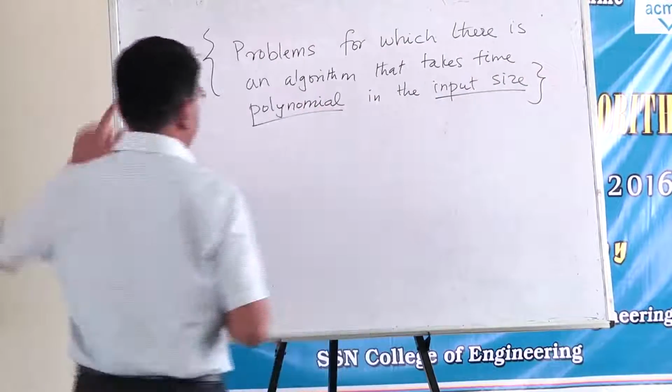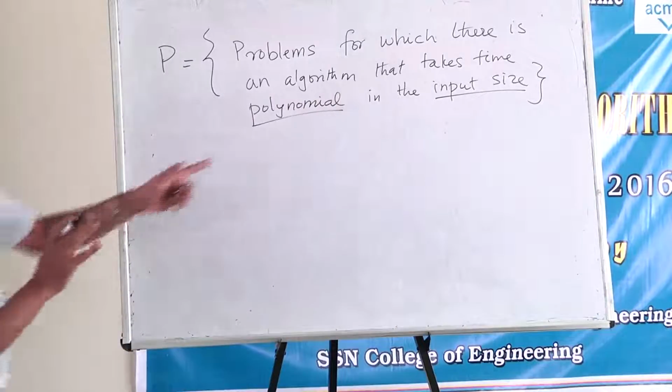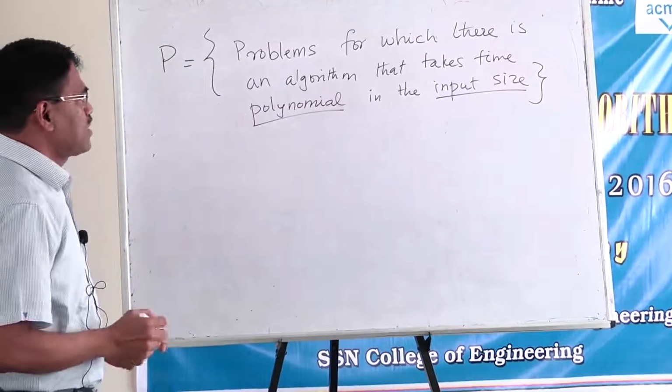P stands for polynomial, and input size is an important thing. I'll come back to that in a minute.